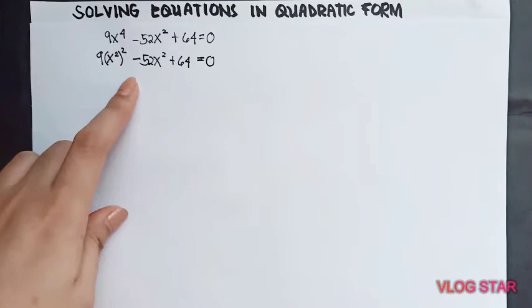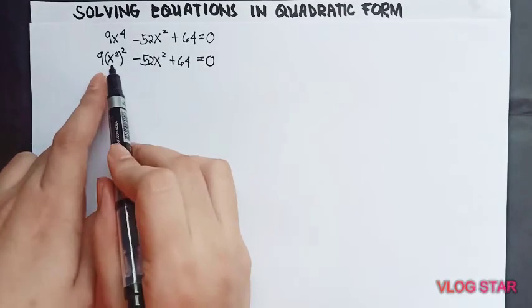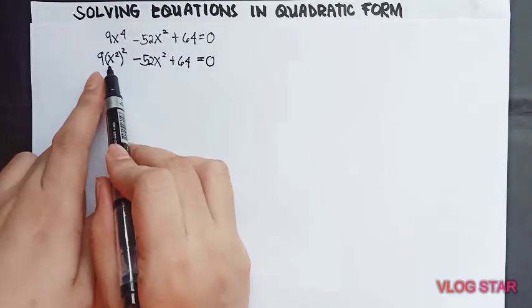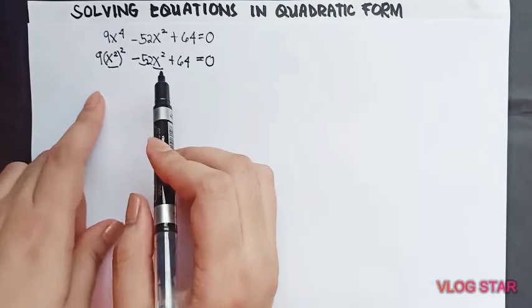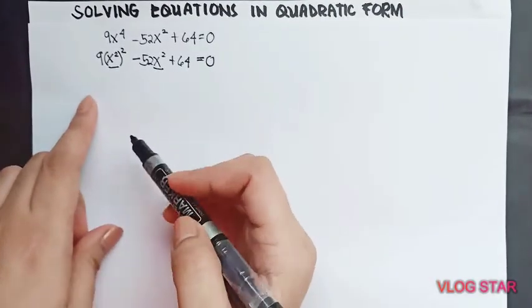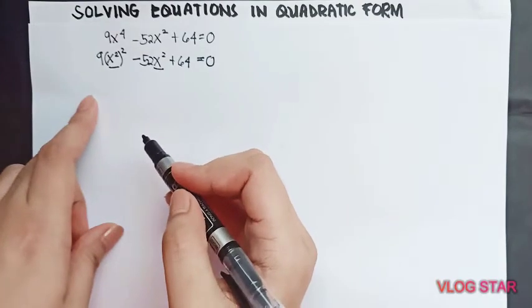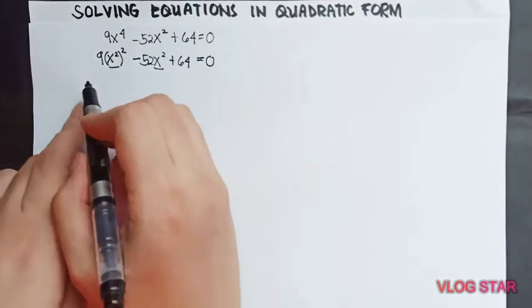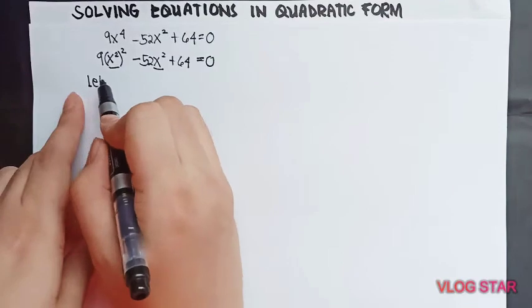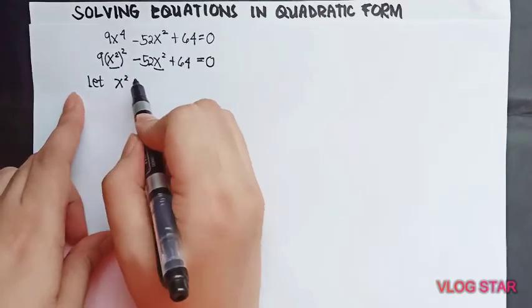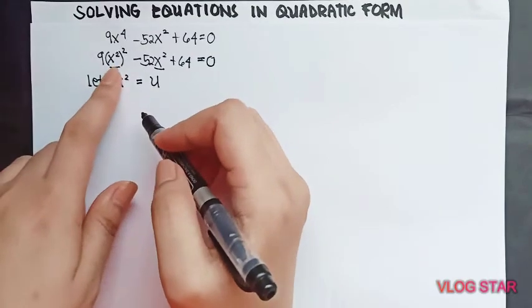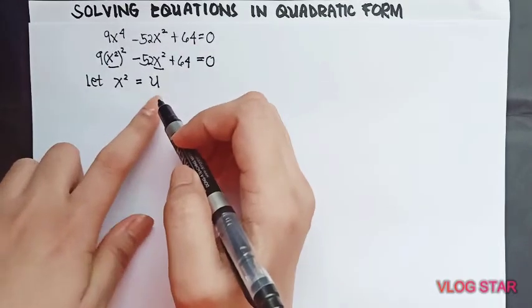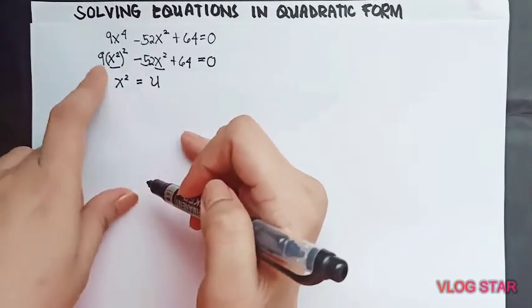Alright, so now let's try to substitute a variable that will represent x squared. So we will let another variable represent x squared. Let x squared be equal to u. So instead of writing x squared, we will use u. Let's rewrite this.